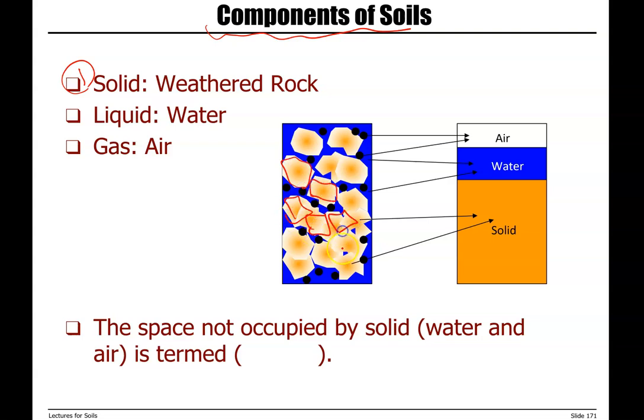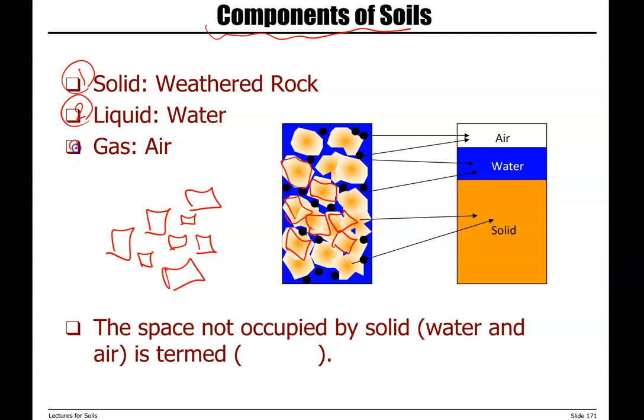So we have solid soil particles, and the space between these particles is filled with liquid and gas. So we have 3 main components and 3 main phases in a soil sample.